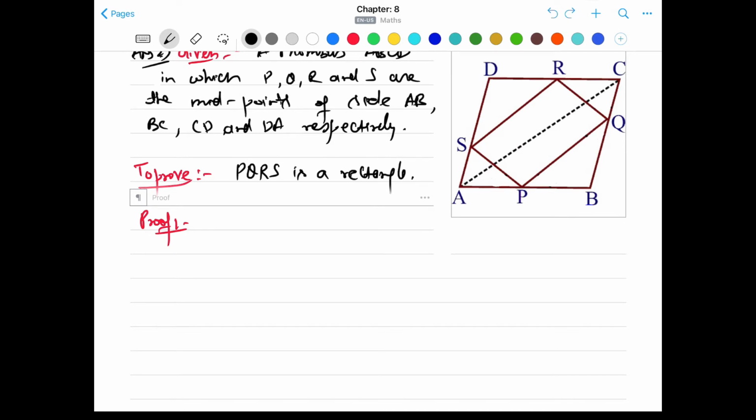In triangle ABC, we'll consider this triangle first.